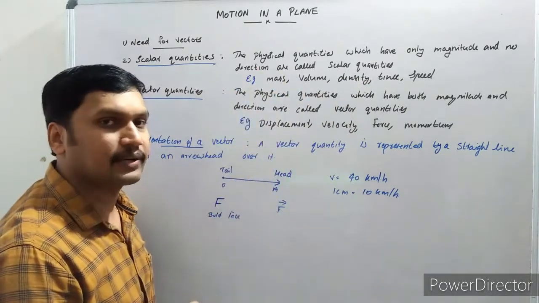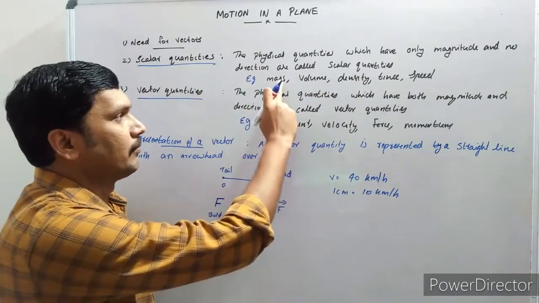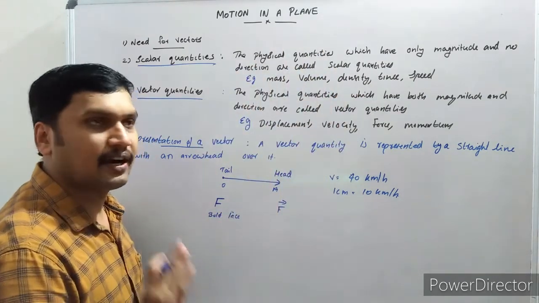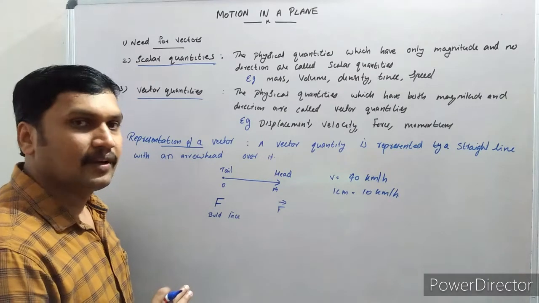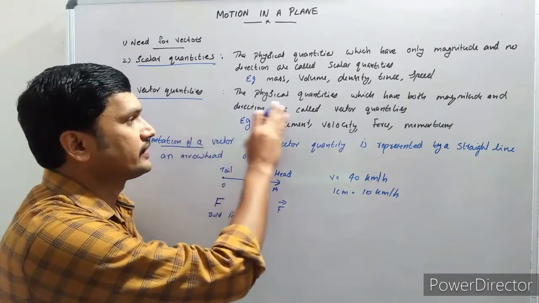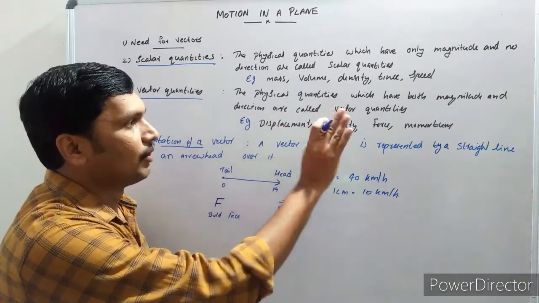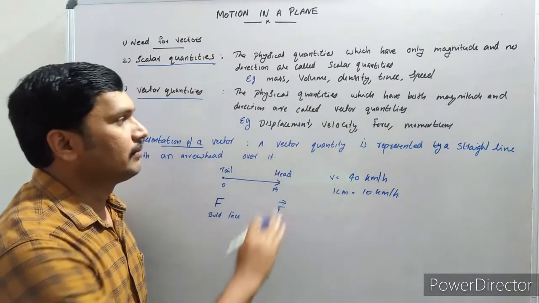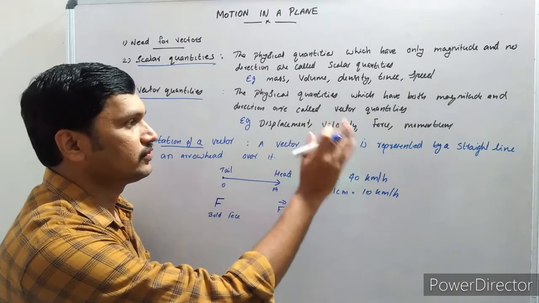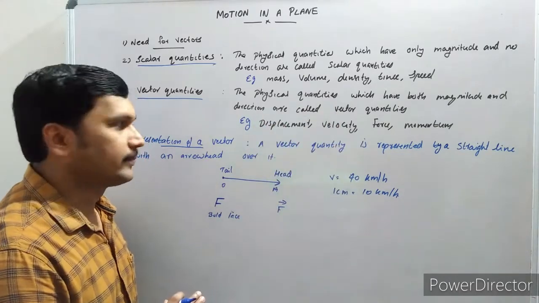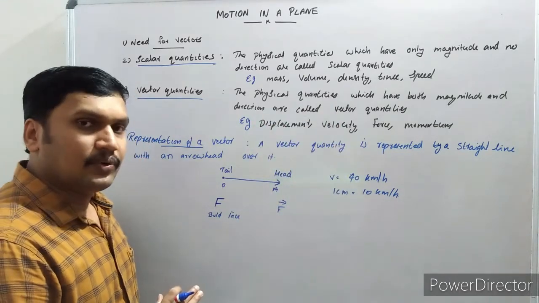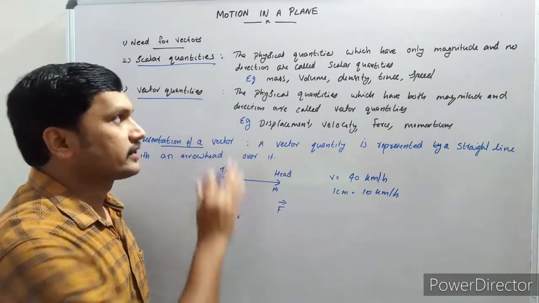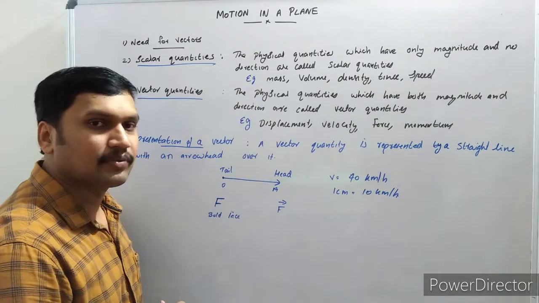Examples: mass, volume, density, time, speed, etc. Vector quantities are physical quantities which have both magnitude and direction. Examples: displacement, velocity, force, momentum, etc. Now, since we are studying motion in a plane, we are interested in vector quantities.